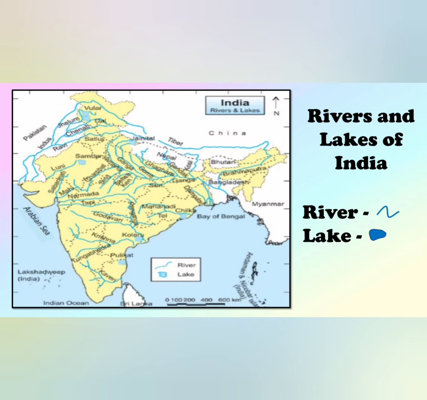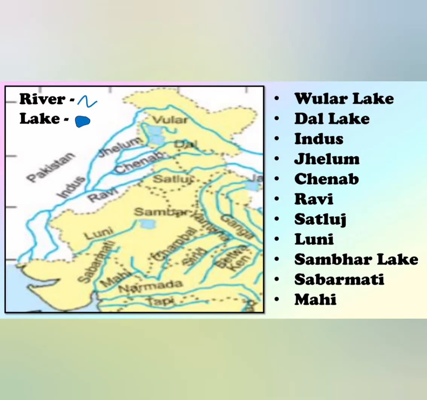Also, you can see that the rivers are marked in thin blue lines and the lakes are marked as small water bodies. So, you will also have to mark it in the same way in your maps. Let's begin. We begin with the northern part of India, and the first one you can see is Vular Lake.